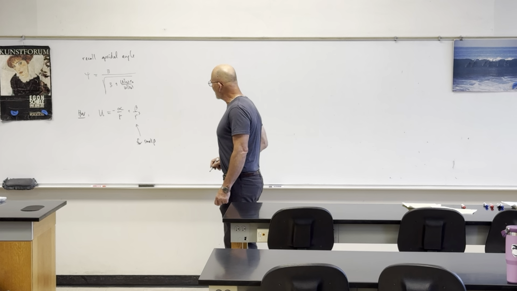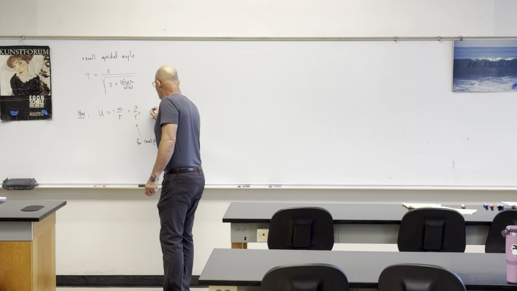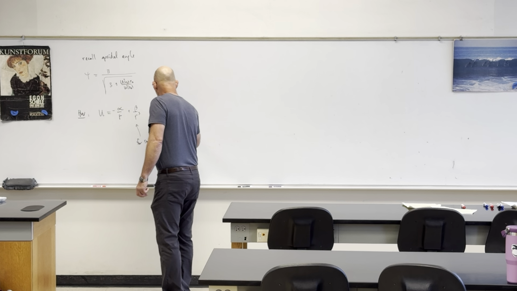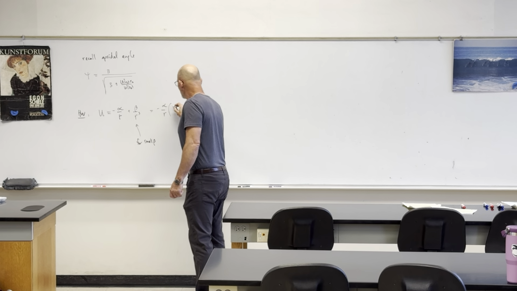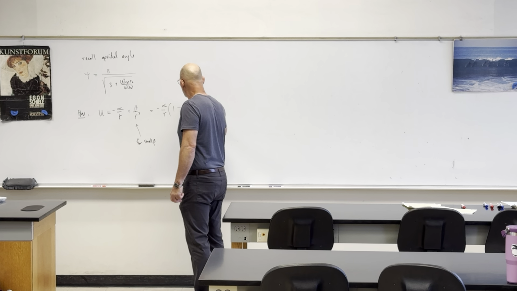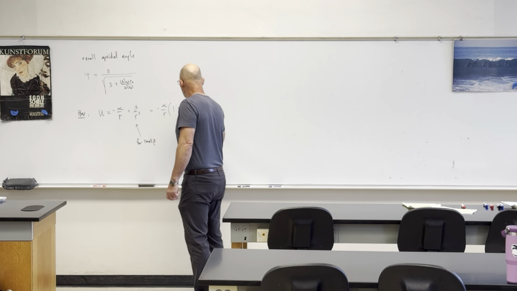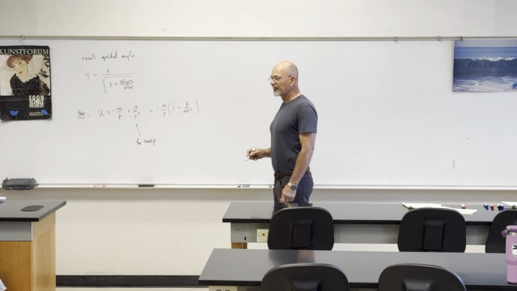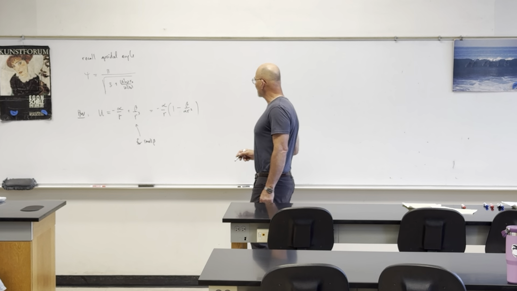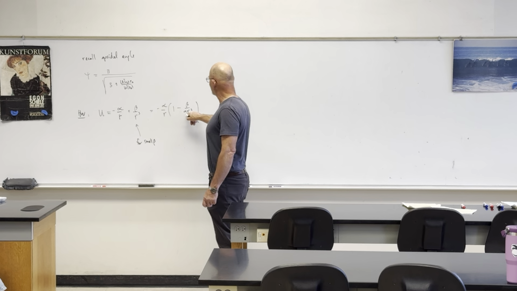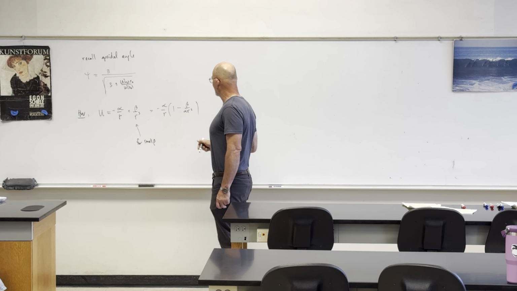Okay, but then we were able to say, let's go ahead and call this minus alpha over r times 1 minus beta over alpha r squared. Right? That's just the arithmetic there. Multiply that out, you get that alpha canceling, you got the r cubed.